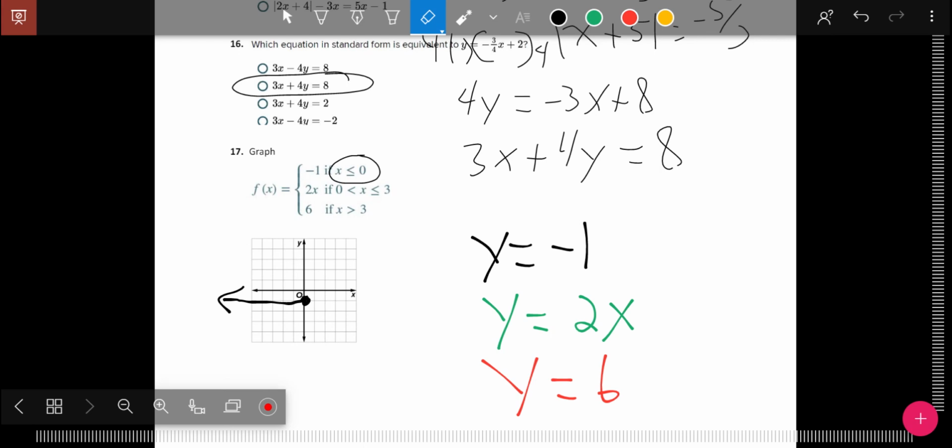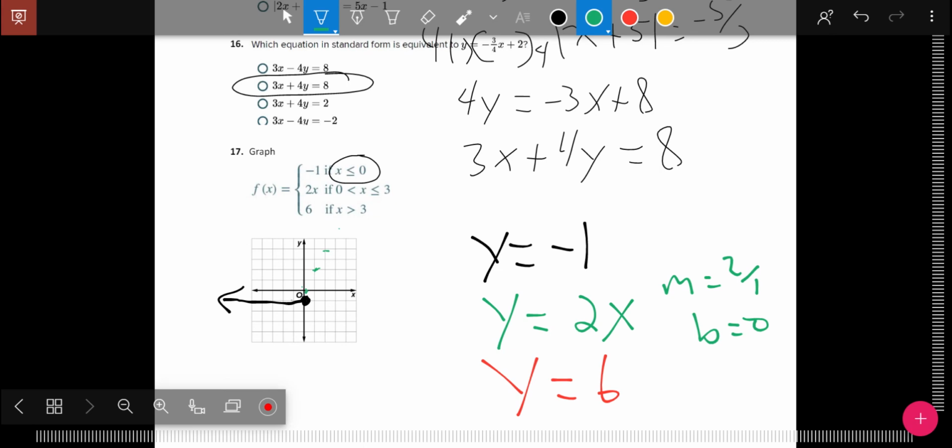2x is m is 2 over 1, b is 0. And so I start at 0 right here, go up 2 over 1, up 2 over 1, up 2 over 1.